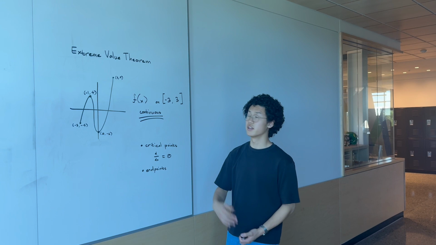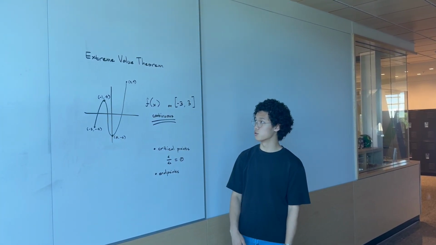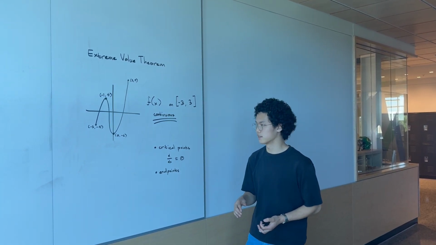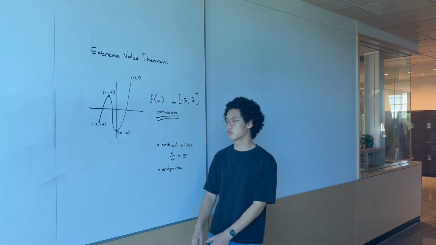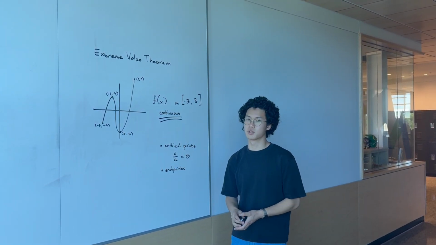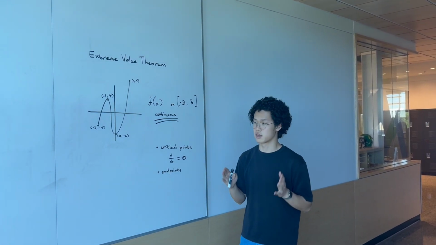Leading on from the definition of continuity, the first theorem that we're going to get into is the extreme value theorem. The extreme value theorem states that a function that is continuous on a closed interval from a to b will have an absolute maximum and minimum value within that interval or that domain.